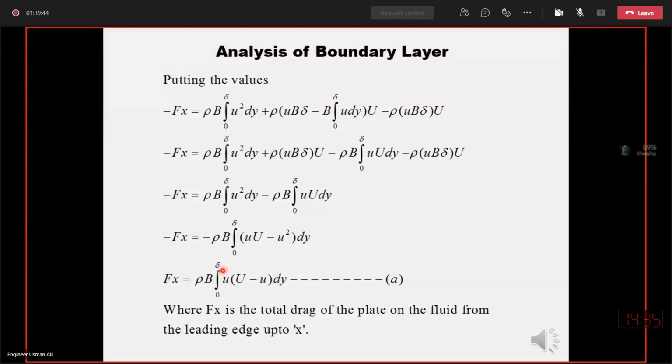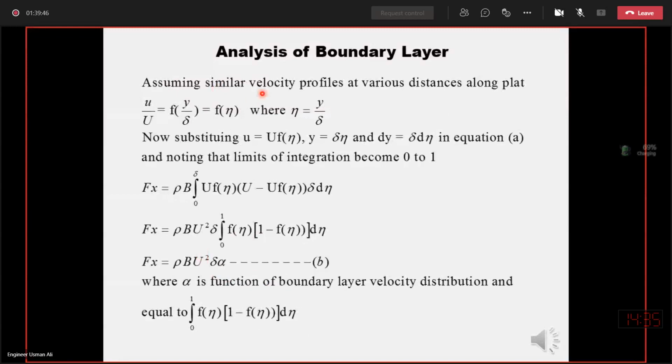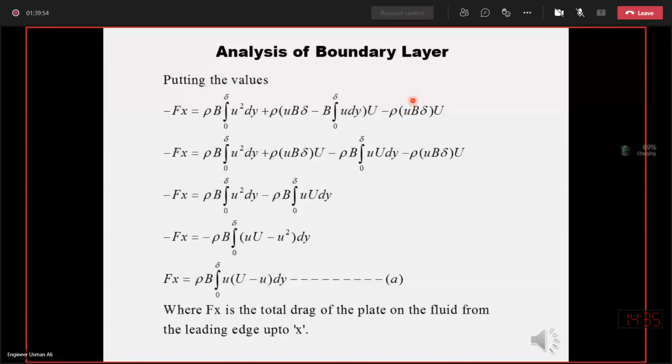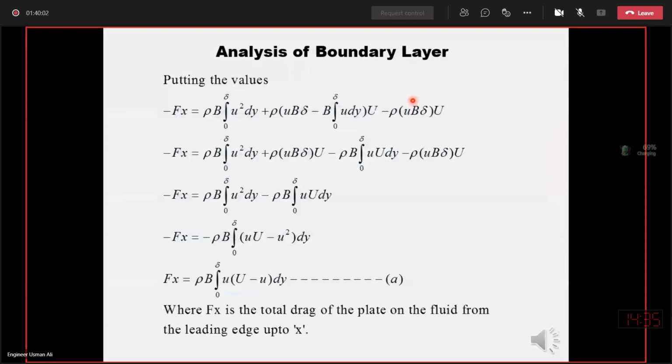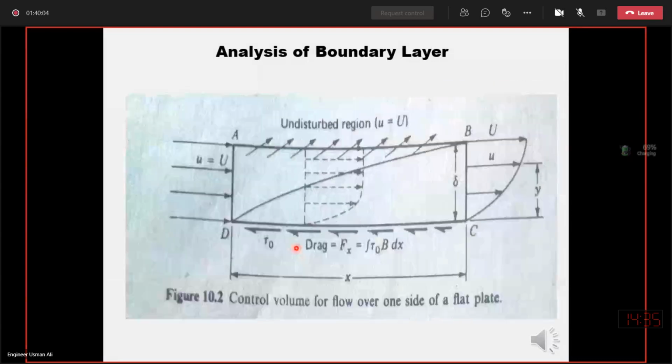Now further, assuming similar velocity profiles at various distances along the plate. What we are assuming is that this is a typical velocity profile, shown by that dotted line. We are saying that along the distance x, at any point the same velocity profile exists, like over here also. So the velocity profile is the same along the distance x from the leading edge.